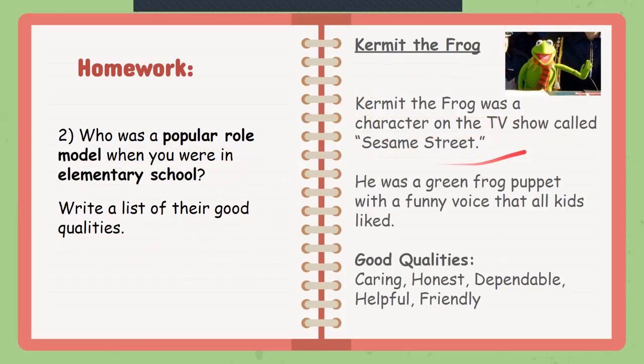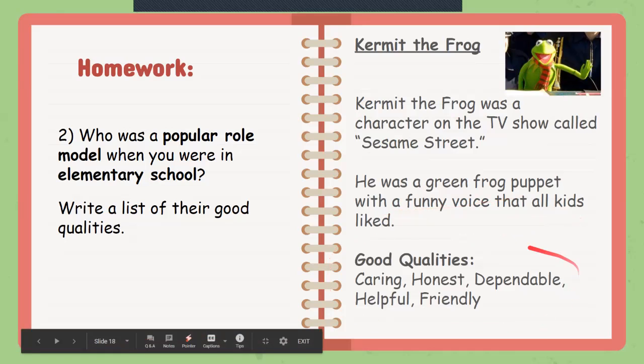So please tell me a little about your role model because maybe I don't know them. He was a green frog puppet with a funny voice that all kids liked. Some of his good qualities were he was caring, honest, dependable, helpful, and friendly.